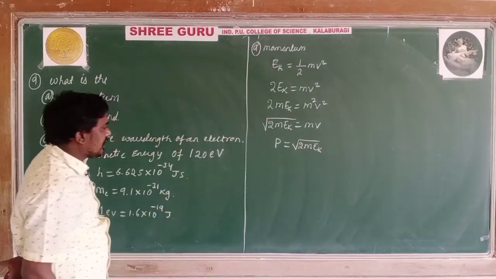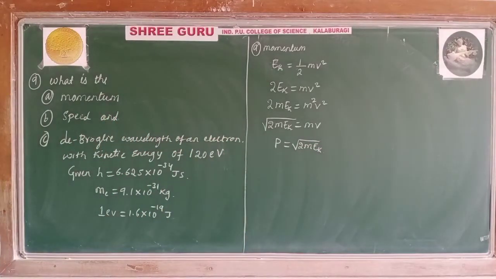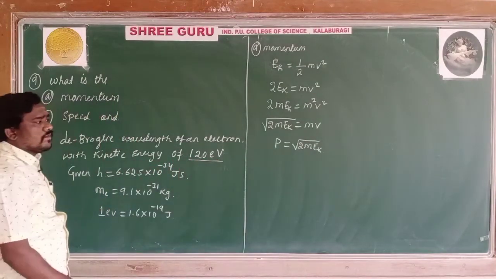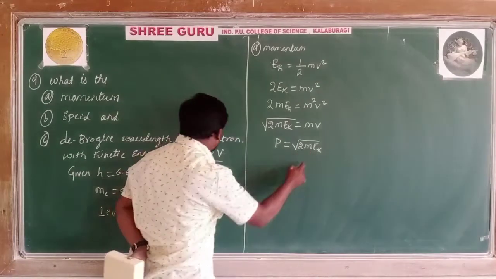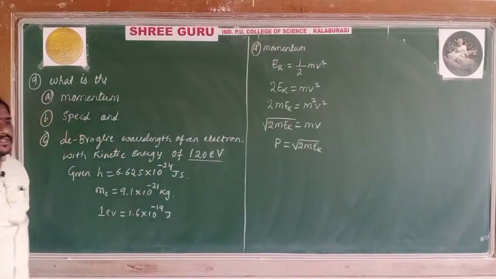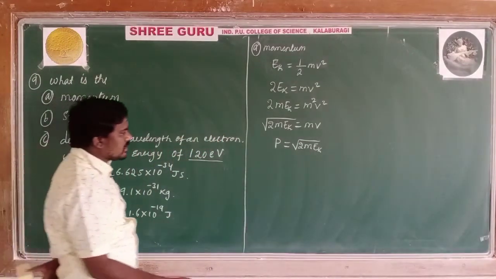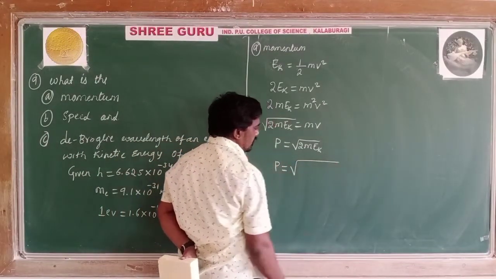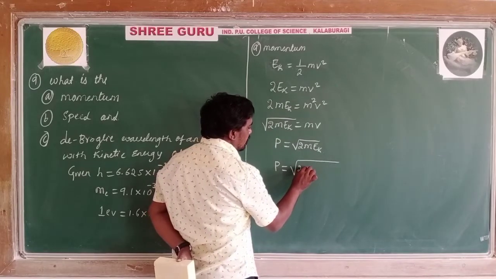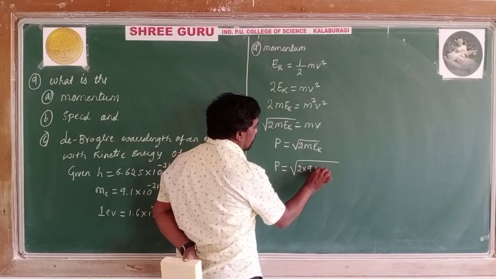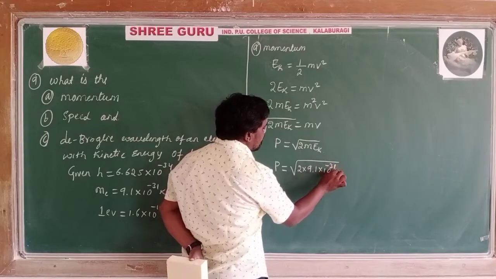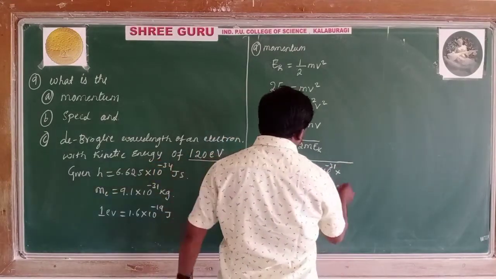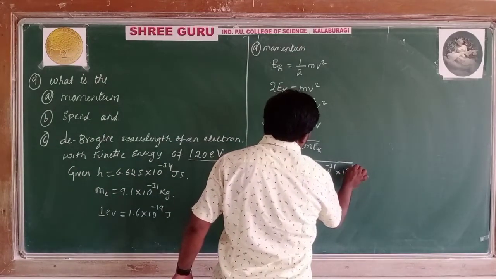Now, what is the kinetic energy? The kinetic energy is 120 electron volt, and we know the mass of electron is 9.1 into 10 raised to minus 31 kg. Just substitute the values. Momentum is equal to under root of 2 into mass of electron, 9.1 into 10 raised to minus 31, and the energy is 120 electron volt.